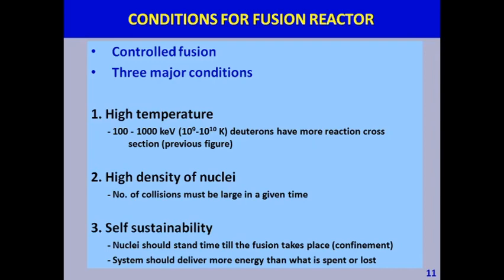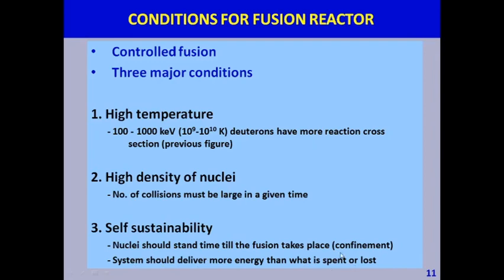The second aspect is the loss aspect. There will be a lot of loss of energy from the environment. So the total energy spent, that is the energy spent on bringing the nuclei together, and the loss in the system, should be less than the energy produced in fusion. That is, the system should deliver more energy than what is spent or lost.